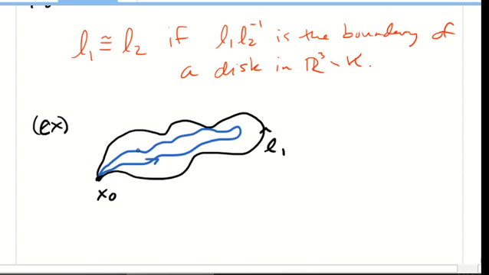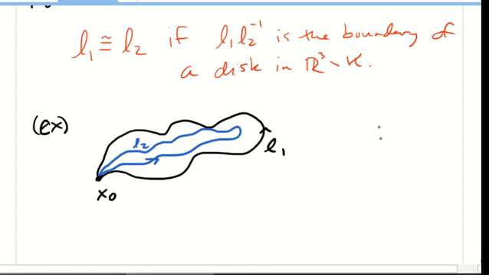Well, if I look at L1 and then L2 inverse, L2 inverse is going around in the opposite direction, right? So if this has order, the inverse just goes around the loop backwards.